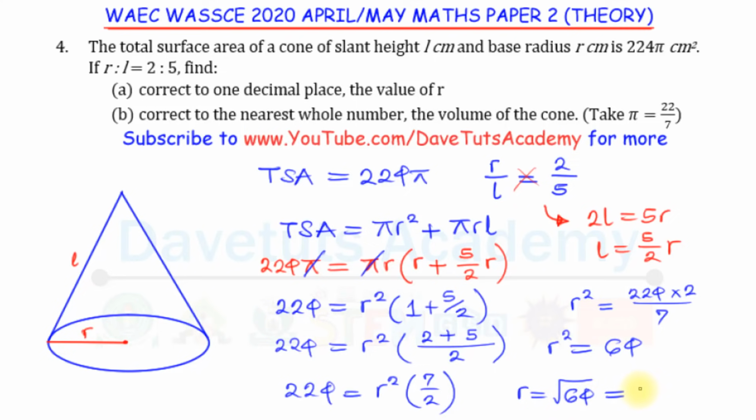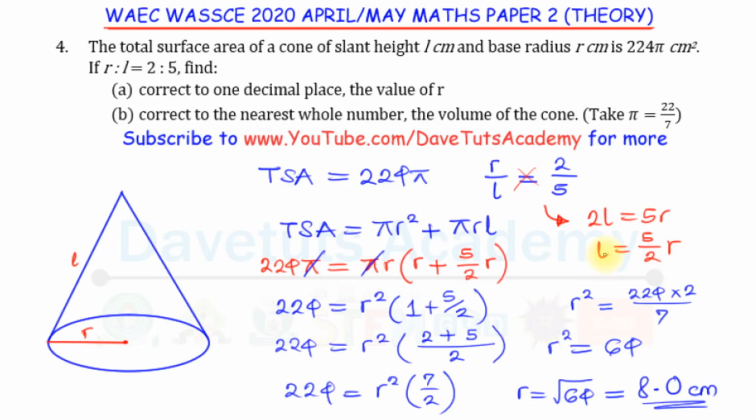The square root of 64 is 8 centimeters, but here we are told to evaluate it correct to one decimal place, so that is 8.0 centimeters, and that is the solution to this particular question. We've been able to do this because, from the ratio we are given, we can express L in terms of R, and since R is what we are looking for, that's why we are doing that.